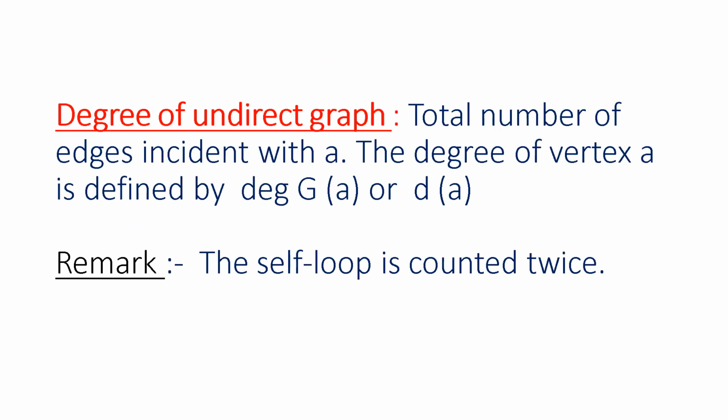Now next, degree of undirected graph. Degree of undirected graph is total number of edges incident with any vertex. The degree of vertex A is defined by degree of G of A or D of A. Here is a remark: the self loop is counted twice.